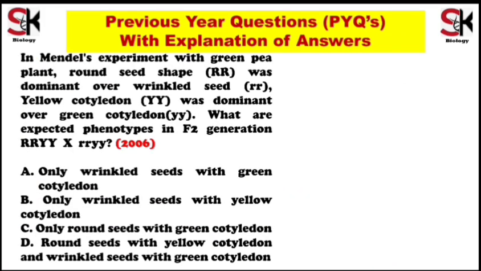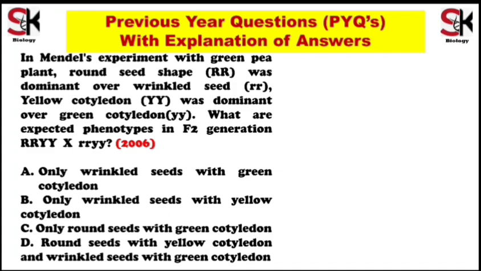Next question. In Mendel's experiment with green pea plant, round seed shape was dominant over wrinkled seed. Yellow cotyledon is dominant over green cotyledon. What are expected phenotypes in F2 generation? That is, they are asking when homozygous dominant is crossed with homozygous recessive, what is the phenotype of F2 generation?